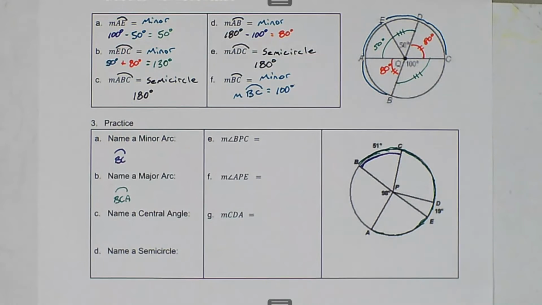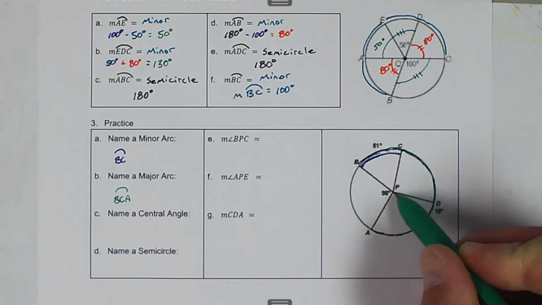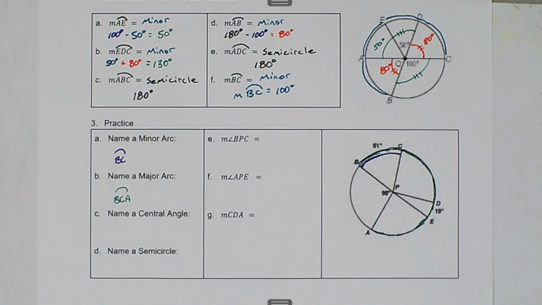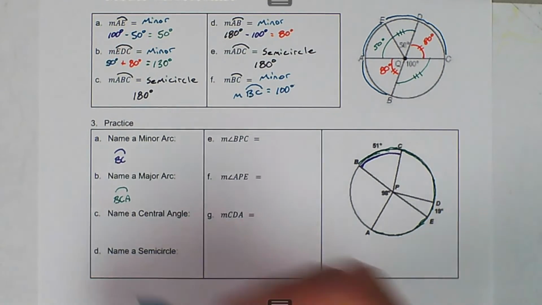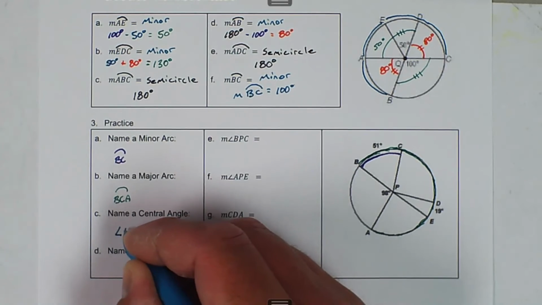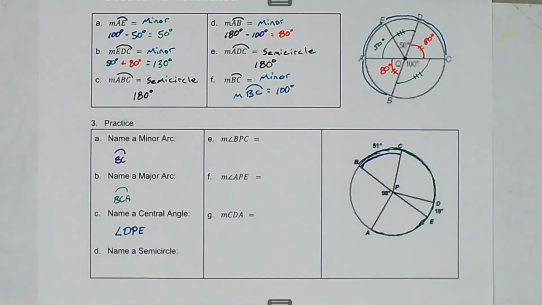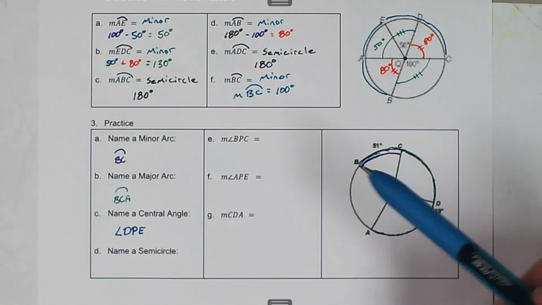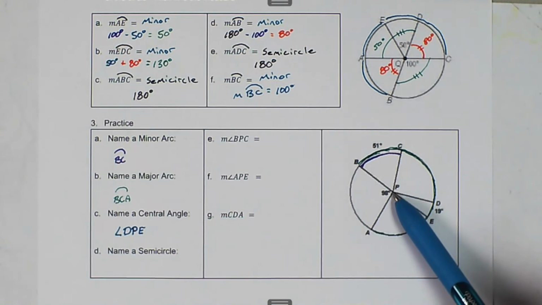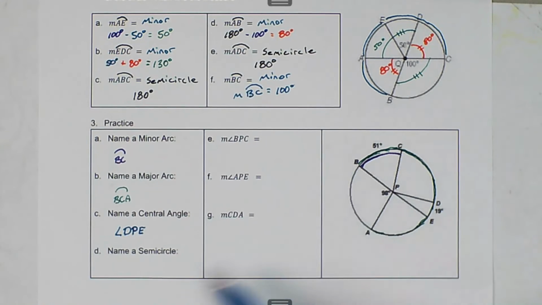Name a central angle. A central angle we can say is angle DPE. Angle DPE. So the difference between a central angle and an arc is the central angle has to include the center point.